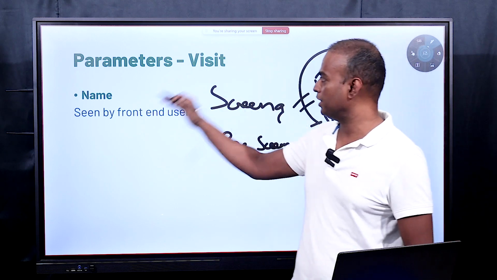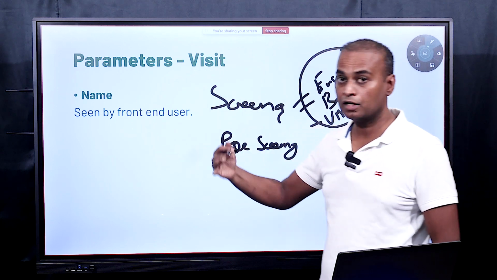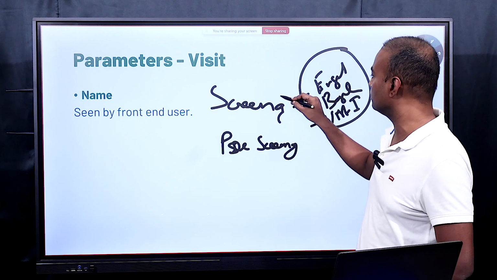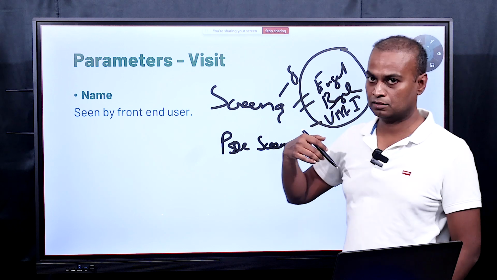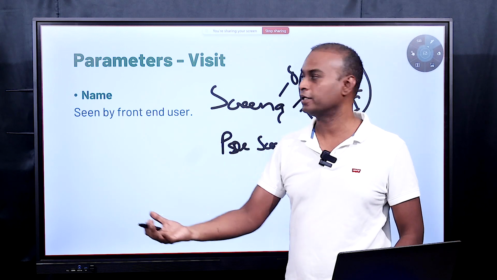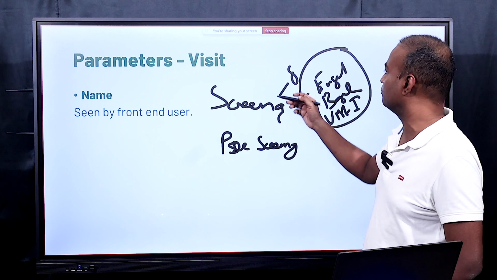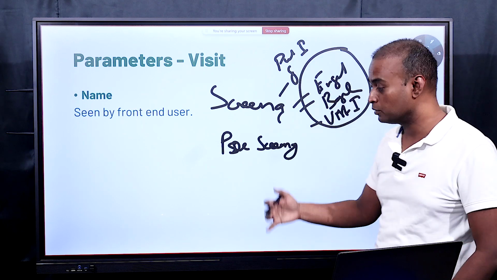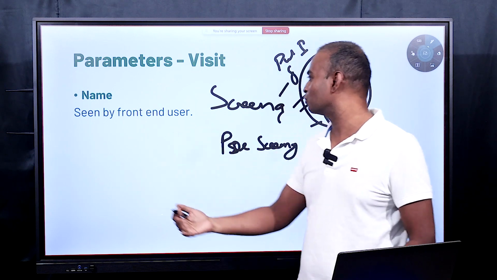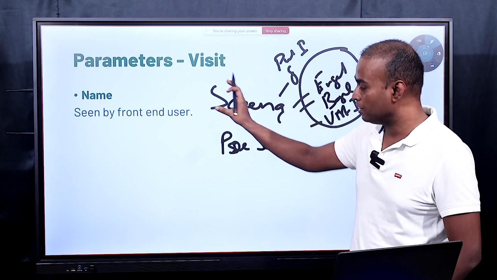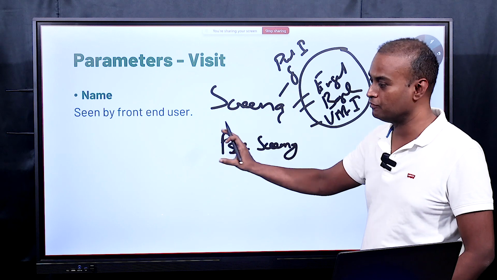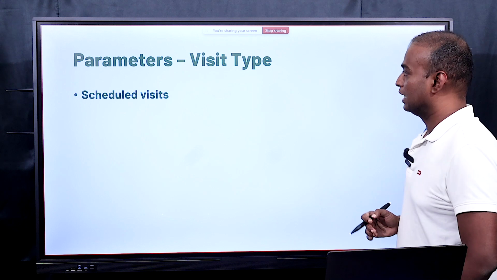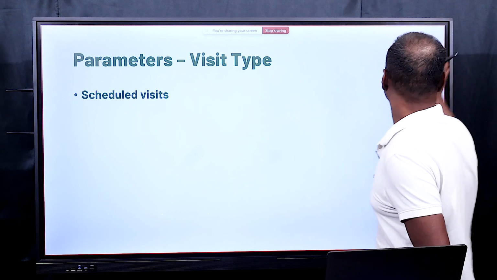When you give the visit name, that will be displayed to the front user, not this screening. For example, if you name this as screening, it will be displayed as screening to the end user. But if you give any name, for example Pushpa 1, then the screening can be seen as Pushpa 1 or Pushpa 2 by the end user. So the name you have to remember here is the name which will be seen by the end user.